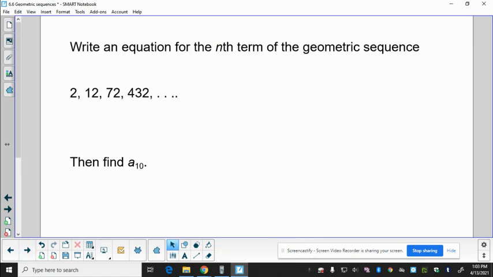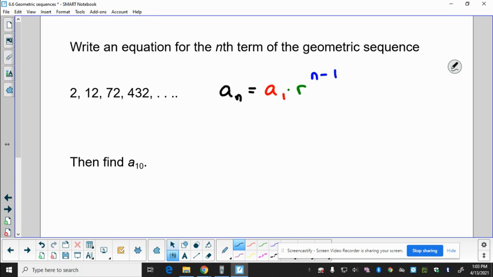So this says write an equation for the nth term of the geometric sequence. All right, so I am going to go ahead and rewrite my formula. So I have a sub n equals a sub 1 times r to the n minus 1 power. Now what I'm going to do is go through and figure out all of those things.